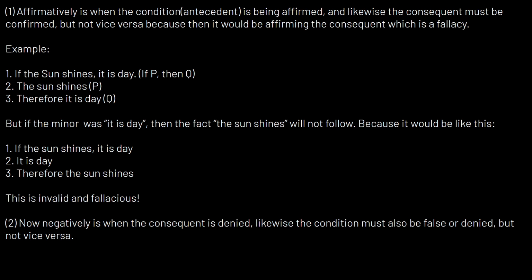Because remember, the major premise assumes a necessary connection between the condition and the conditioned, and we would be committing the fallacy of affirming the consequent, as I've already stated. So that definitely does not work.